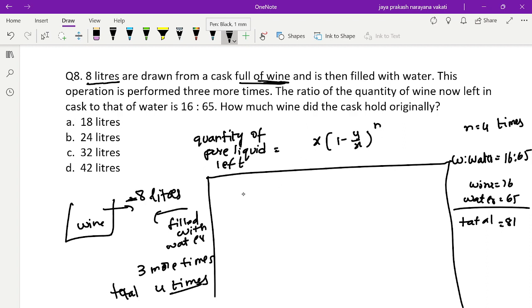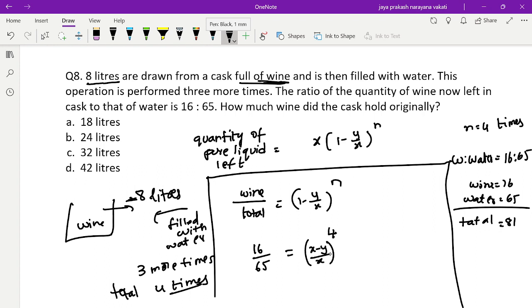So wine left over total equals (1 minus y by x) whole power n, which is given. So the wine to total left, which is given as 16 out of 65, is nothing but some ratio whole power n, where n is 4. Correct? So x minus y upon x.